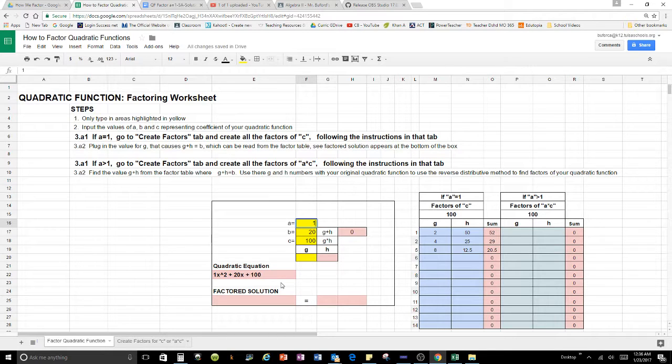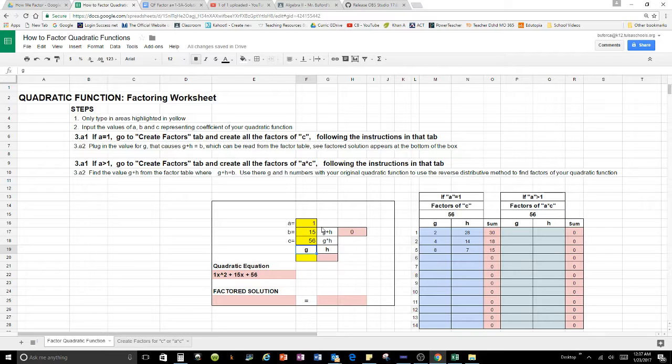So we say 1, 15, and 56. Okay, so we're looking for a g and an h such that when you multiply them together you get 56, and when you add them together you get 15.